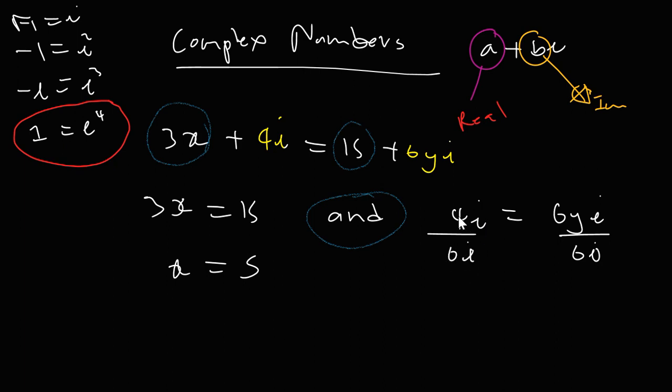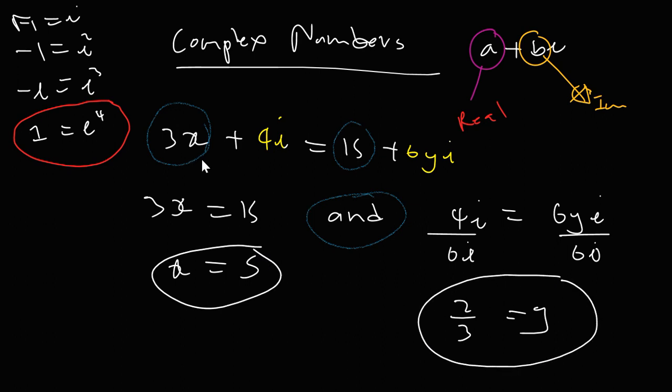Then the i's are going to disappear, and you have 2 over 3 equals y. So this value of x and this value of y satisfy this expression. Take note, AND connector here, so both of these need to be true for this equation to be true, or maybe I should say the truth value of this equation to be true.